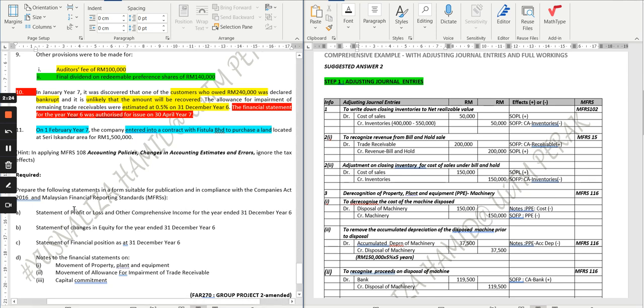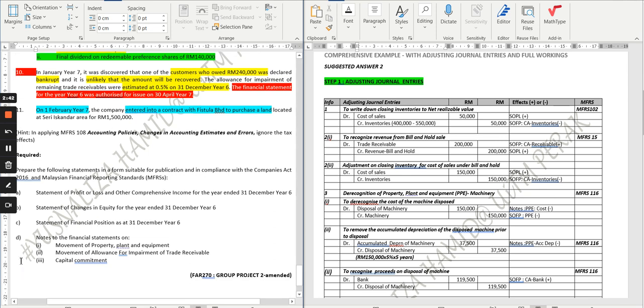For the year ended 31st December year 6, together with that, we're going to prepare the statement of changes in equity that will show the movement of share capital and reserves, the statement of financial position that will show the list of assets, liabilities and equity of the company.